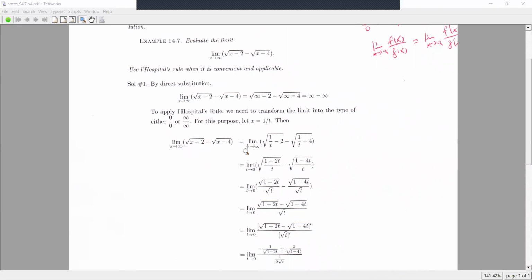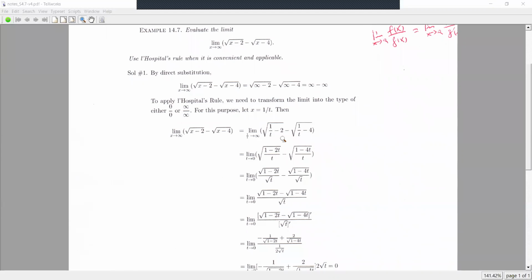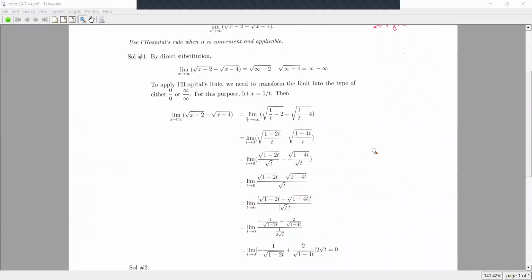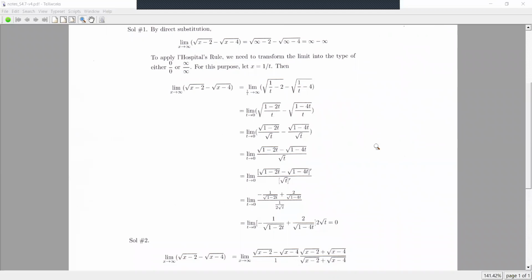1 over t approaching infinity is equivalent to t approaching 0. And 1 over t minus 2 is this fraction. 1 over t minus 4 is this fraction. So this limit is equal to this limit. Now, basic algebra.